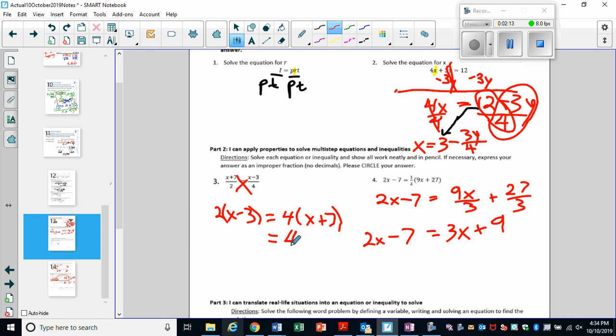So we would have had 4x plus 28, oops, sorry about that, 4x plus 28 and 2x minus 6 on the left side.